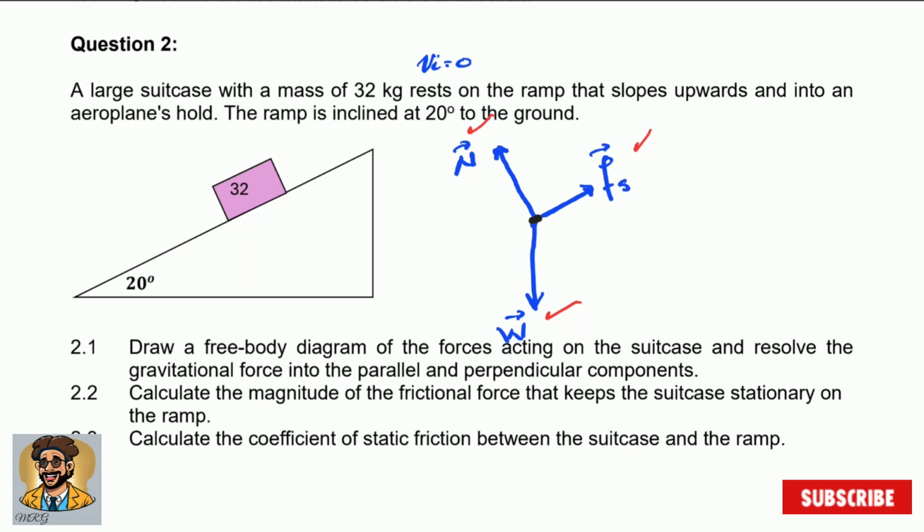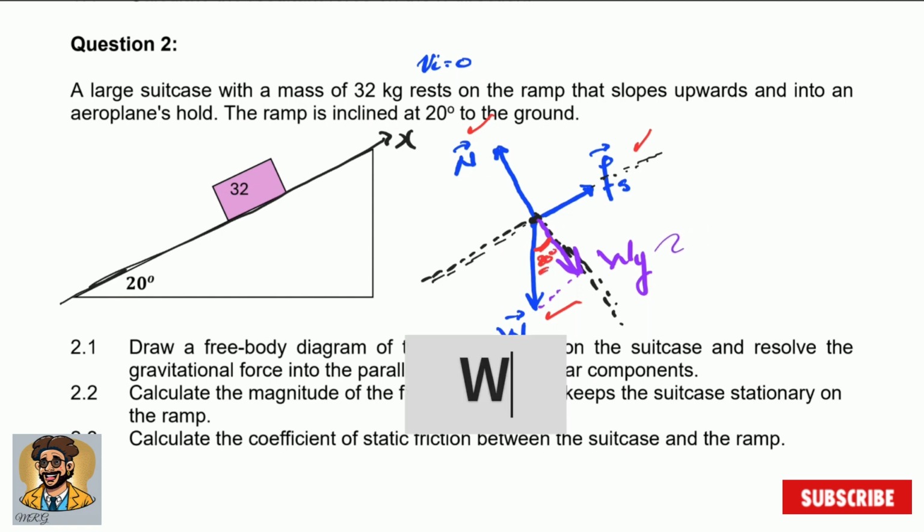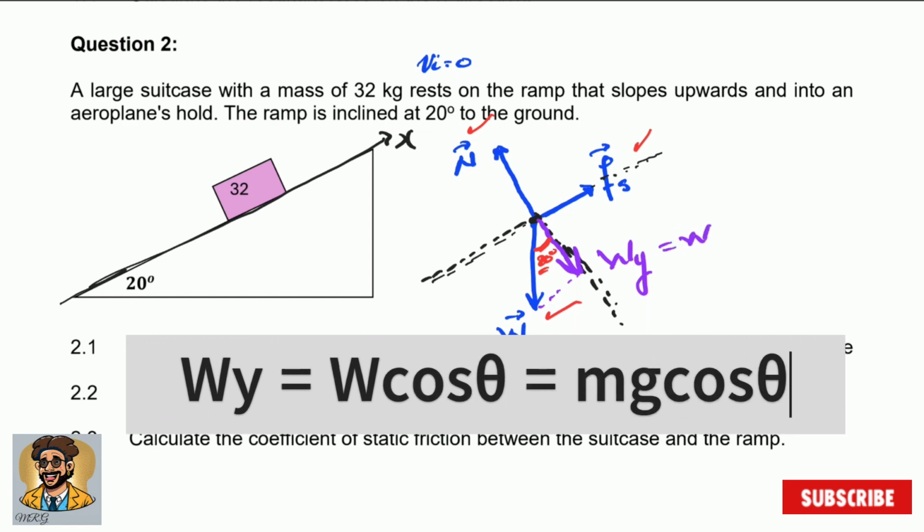So it will be convenient to know the axes here. Remember, theta is this angle, the 20 degrees we were speaking about, so W in the y-axis will be equal to W cos theta.